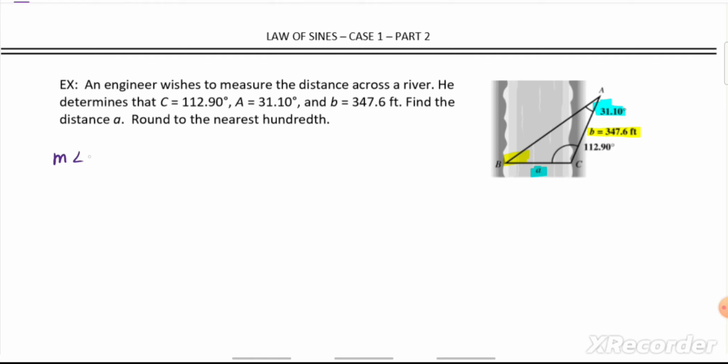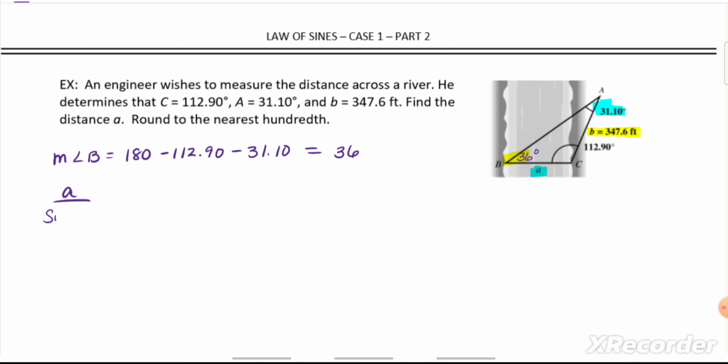So the measure of our angle B is going to be 180 degrees minus 112.90 minus 31.10 to give us 36 degrees. Now that we have this known pair of B's, we can set up our proportion for the law of sines.